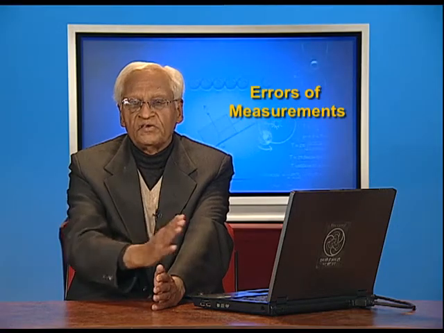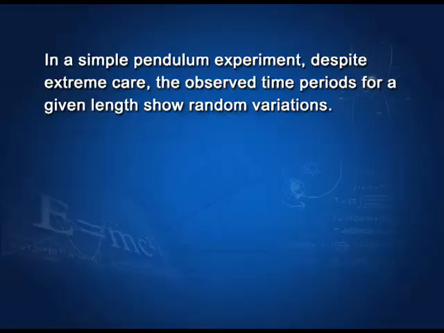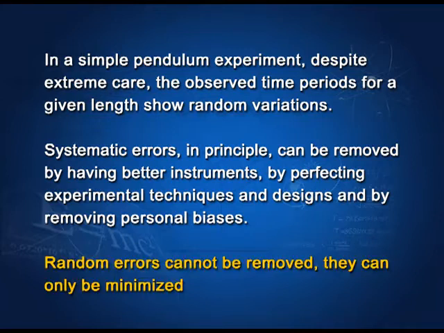The time is not always the same. Sometimes it is less, sometimes it is more. Systematic errors in principle can be removed by having better instruments, by perfecting experimental techniques and designs, and by removing personal biases. But random errors cannot be removed. They can only be minimized.